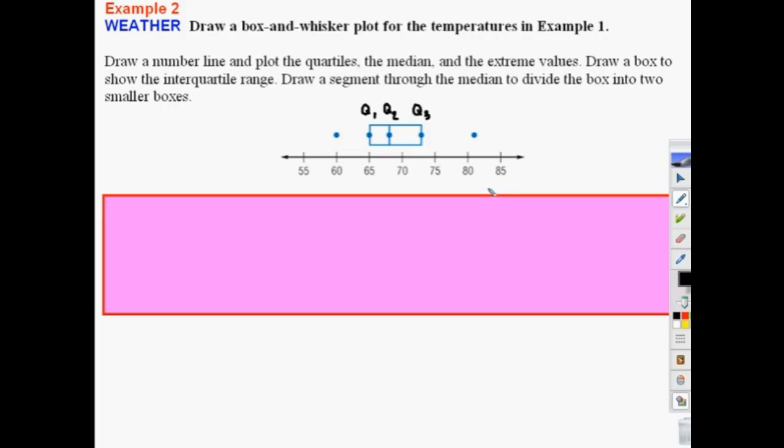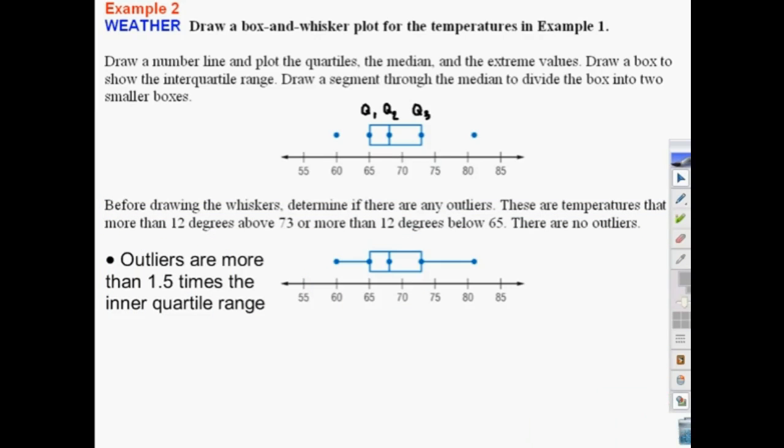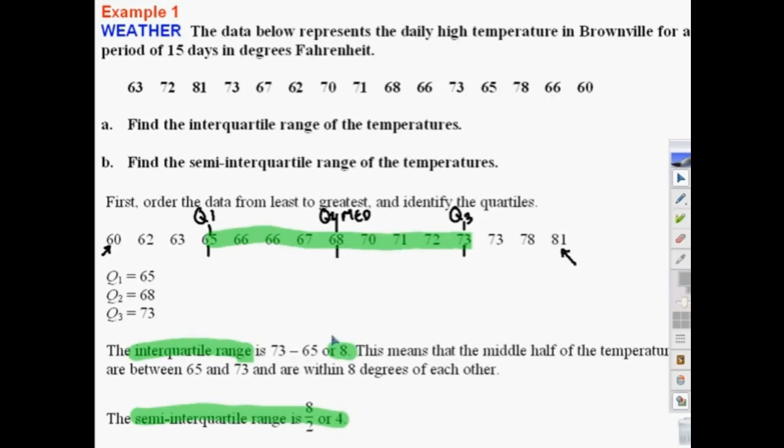But before you do that, you need to actually determine if there are any outliers. Now, an outlier is a value that, by common understanding, is 1.5 times the interquartile range. So 1.5 times, in this case, 8, because remember we found 8 was our interquartile range.